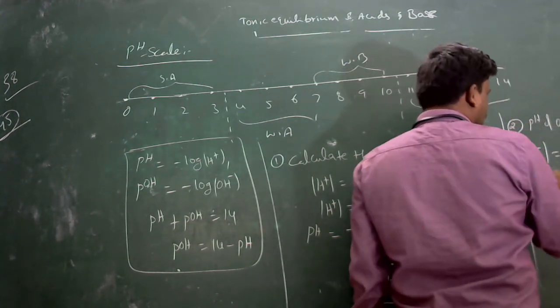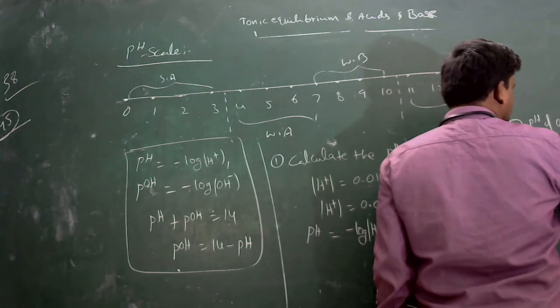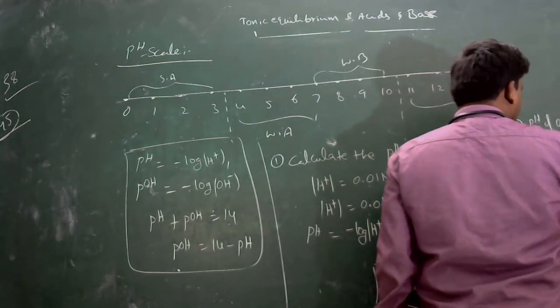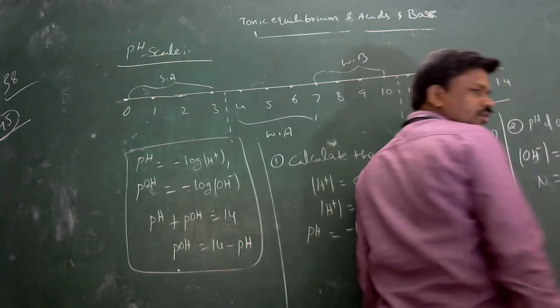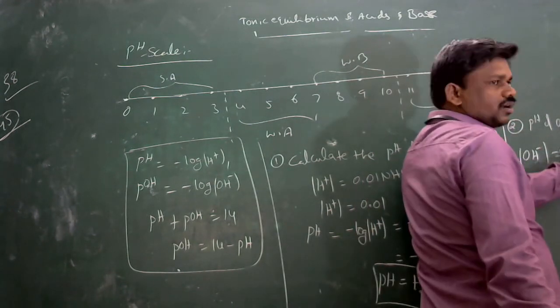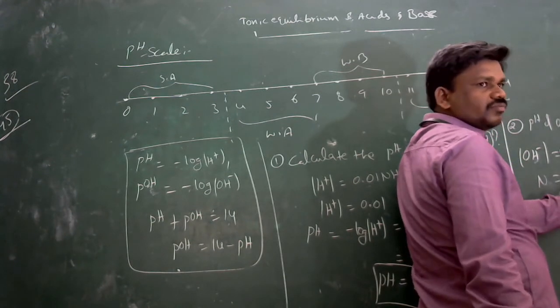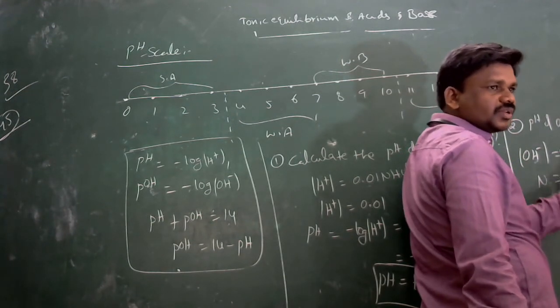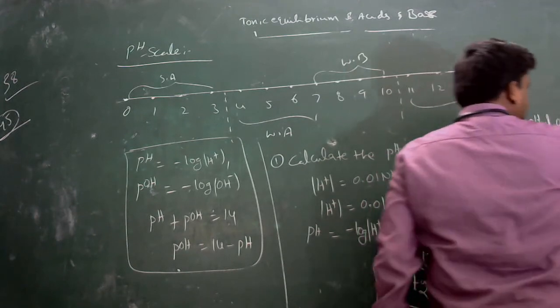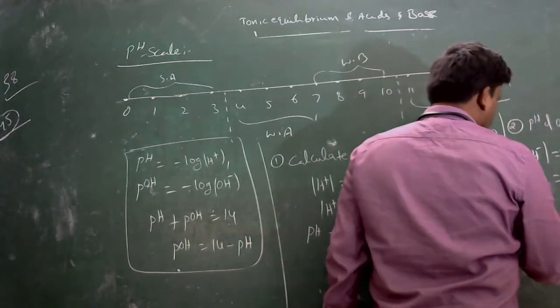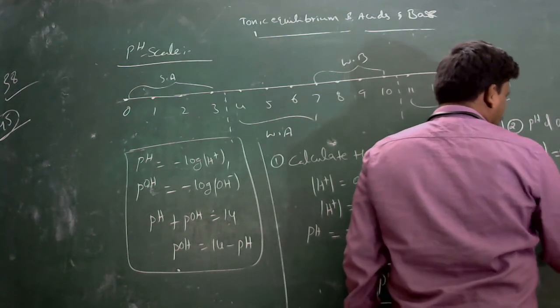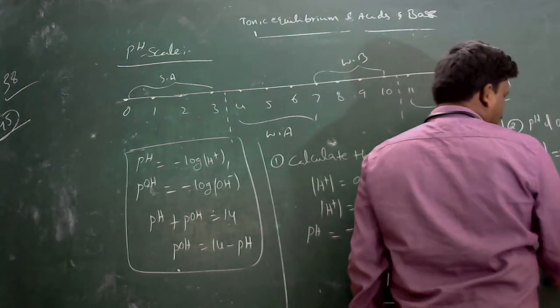That means normality equals molarity into acidity. The molarity concentration is 0.05, and acidity in barium hydroxide means the number of replaceable OH minus ions present in a base. That means the number of OH groups is 2. That means 0.1. Then OH minus equals 10 power minus 1.